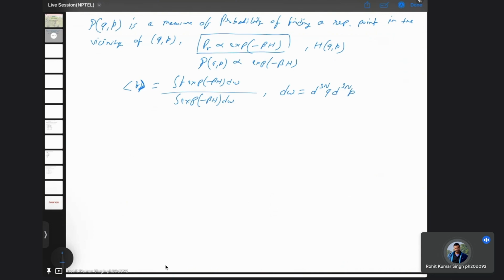And this quantity here corresponds to the partition function, right?